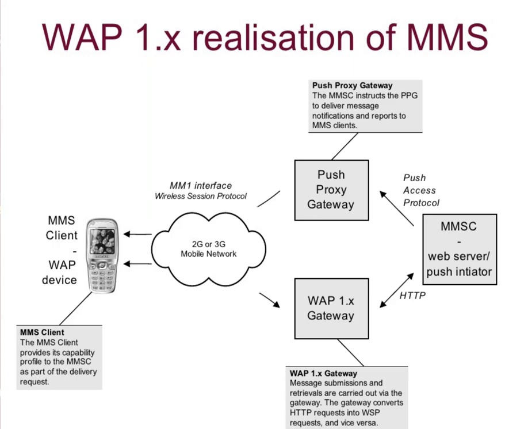You can use the push proxy gateways to deliver the notifications or reports of MMS clients, and then both these requests are forwarded to the server system. So this is how the wireless application protocol works within an MMS transaction. So this is all about your multimedia messaging services.